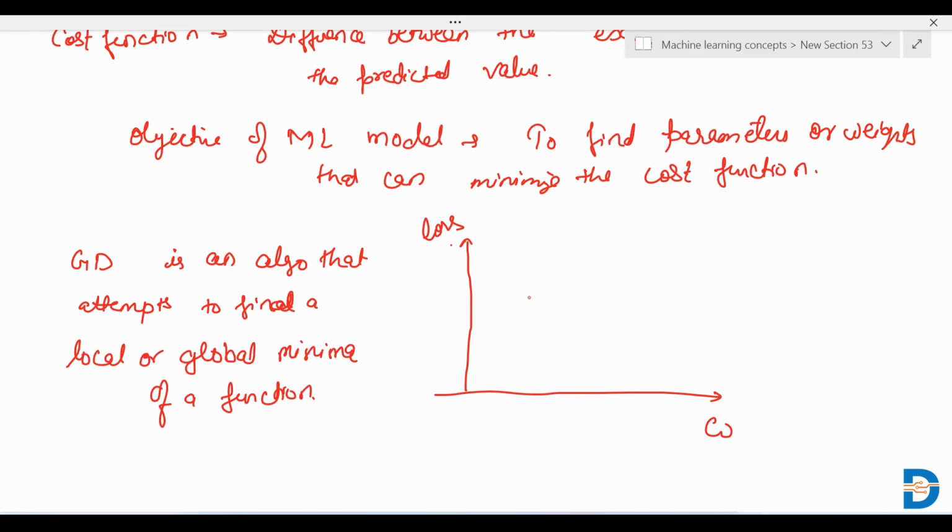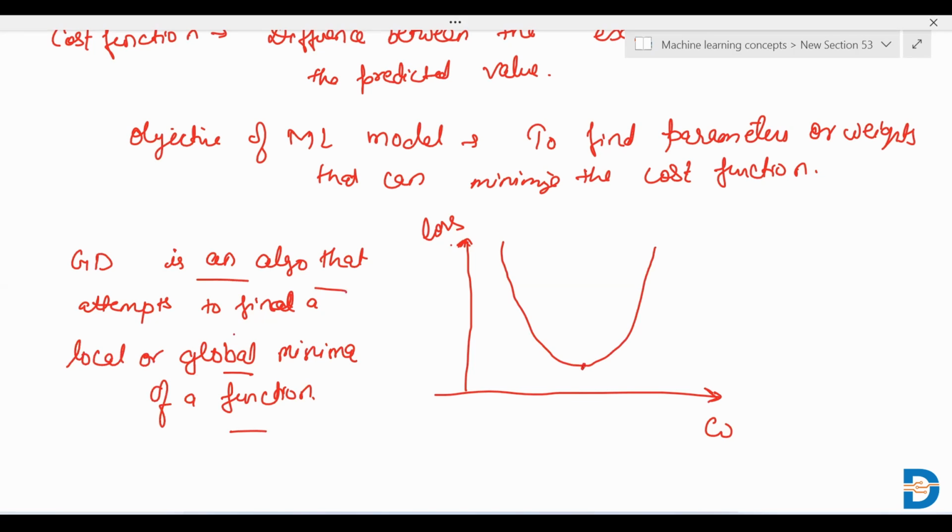For example, we are making a graph between weight and loss. So the graph will be something like this. When we change the weights, we get the loss function, and we plot the graph like this. For various weights, we update the loss. So gradient descent is an algorithm that finds the local minima or a global minima.